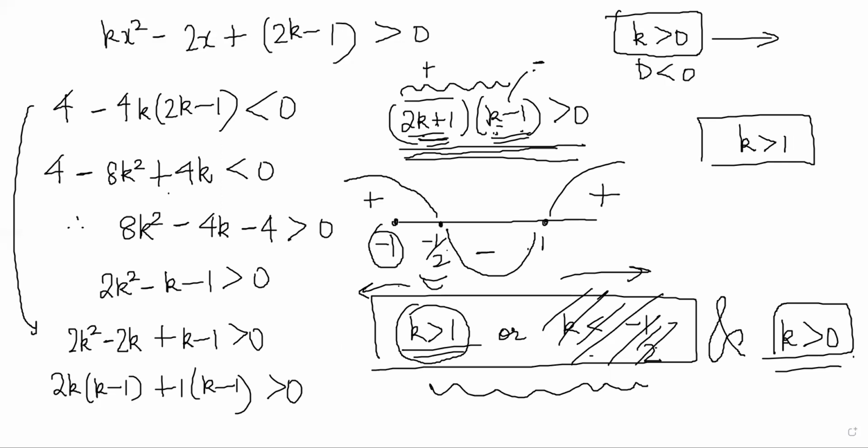So the idea is, whenever you have inequalities on quadratic equations, think of the 6 versions of the graph. It could be like this, like this, like this, or like this.